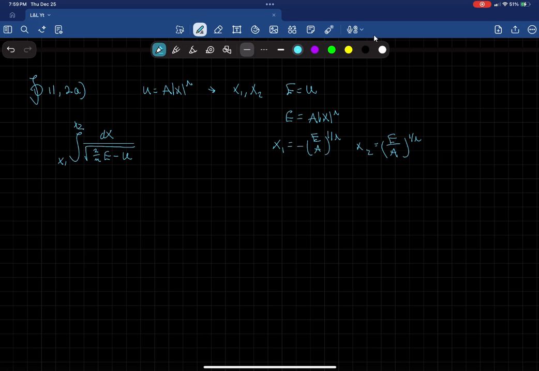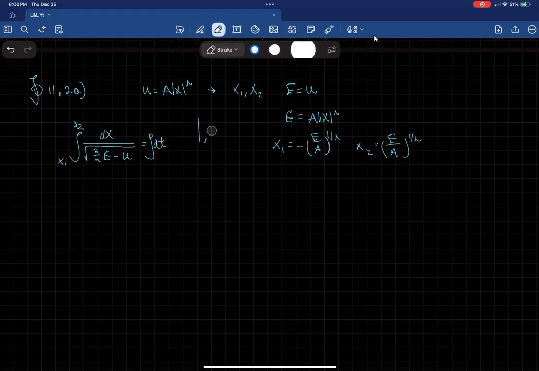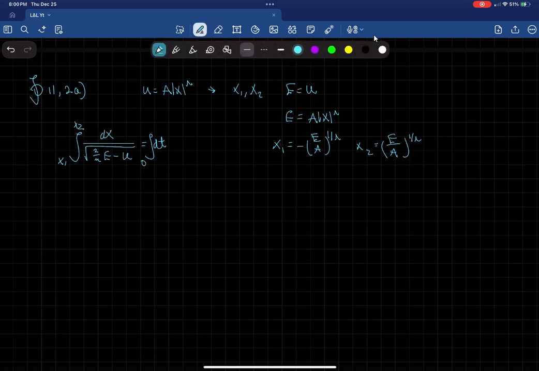So taking our 2 over m outside, this would also be equal to the integral of dt. Now for our bounds for dt, as with the pendulum problem, it's very similar. When the motion moves to its first position and then back to its original position, that would be twice the length of the period. So it would be the integral from 0 to the period over 2.